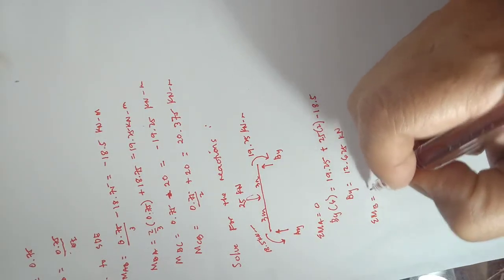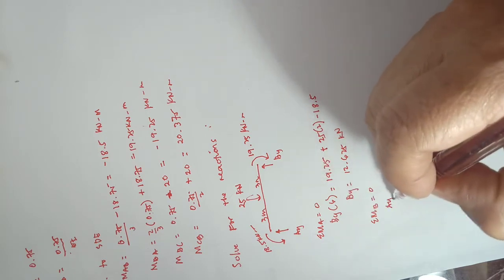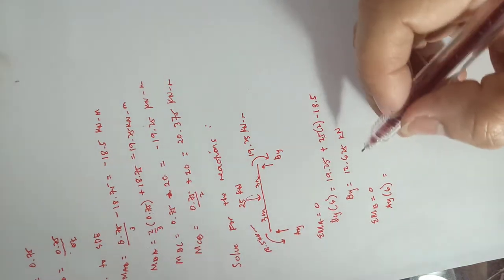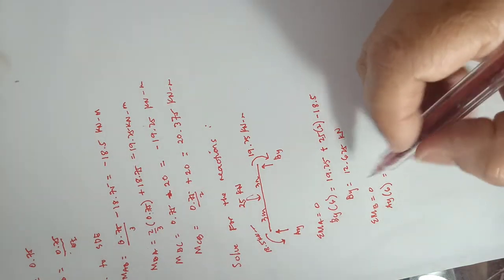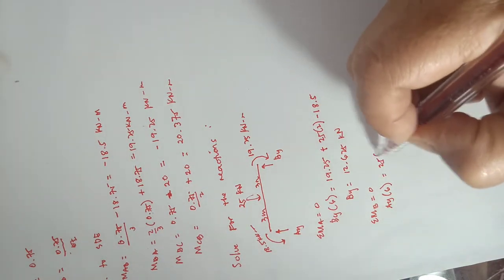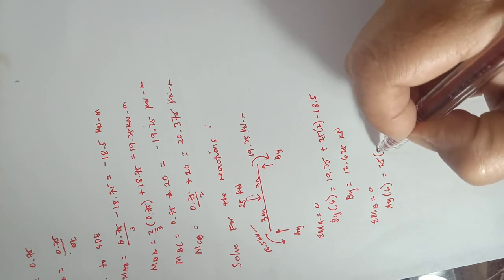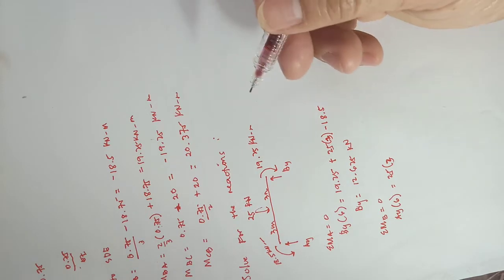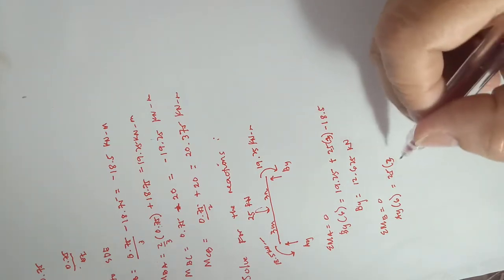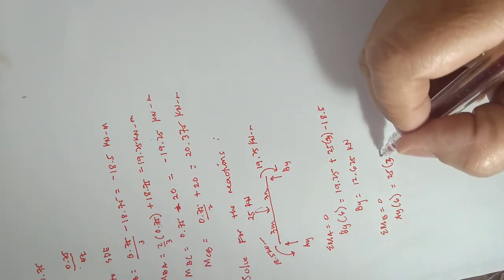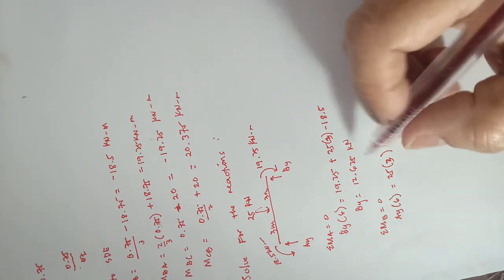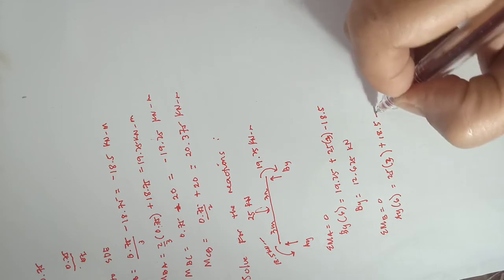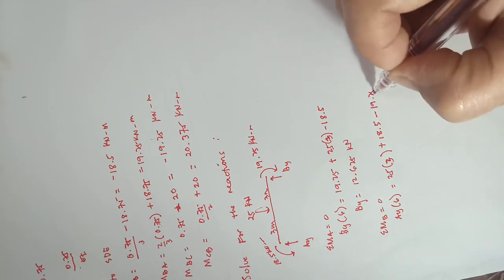Okay, next we sum up moment at B equal to 0. So you will have AY times 6. Assume nimo siyang upward. So that would be equal to 25 times 3, sorry, 25 times 3, plus 18.5 minus 19.25.